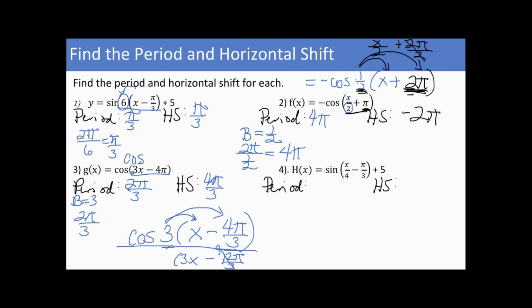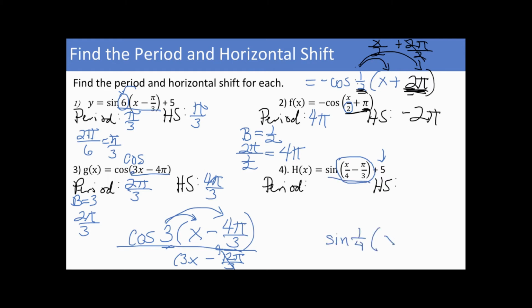All right, one more. So we're just looking here. This is a vertical shift, but that does not have anything to do with the period nor the horizontal shift. So we're looking over here. My b is 1/4.